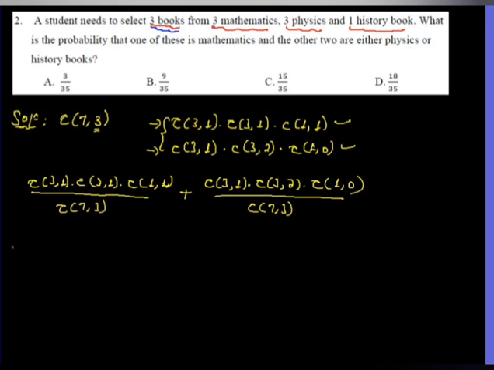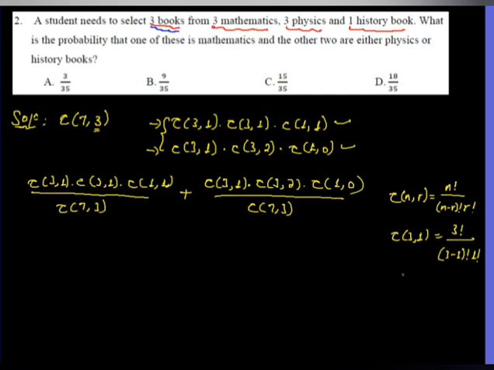So you need to be familiar with combination. A combination of n objects with r selection is defined by n factorial over n minus r factorial times r factorial. For example, combination of 3,1 is 3 factorial over 3 minus 1 factorial times 1 factorial.